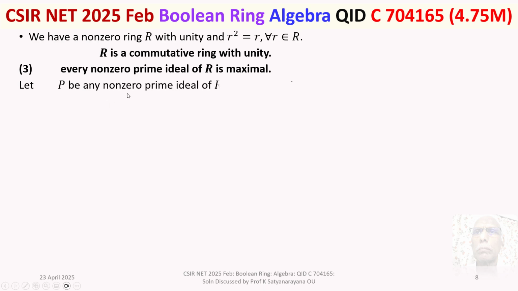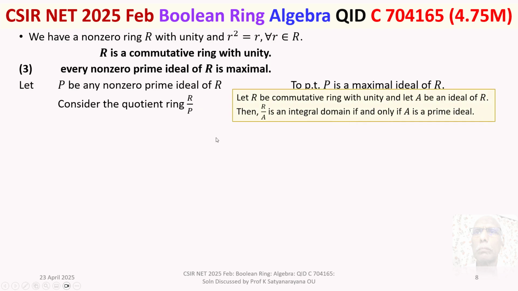So let P be any non-zero prime ideal of R. We want to prove that P is a maximal ideal of R. We consider the quotient ring R by P. Now the property of idempotency, that is every element is idempotent, is inherited even to R by P. So R by P is an integral domain.